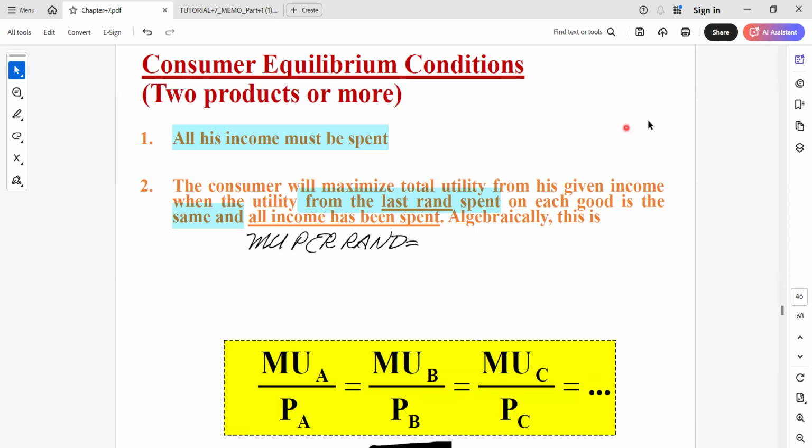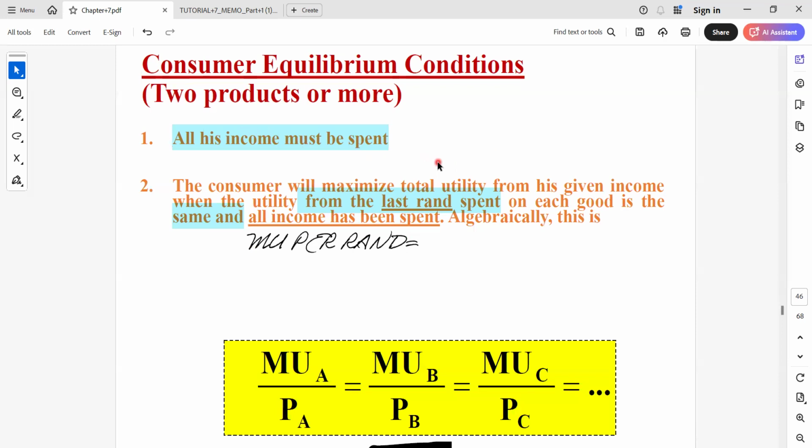We don't include your income. Even if you have 5 rand and the price is 3 rand, your marginal utility has to be 3 rand. But for this one, your marginal utility over price must be equal, and your income must be spent.